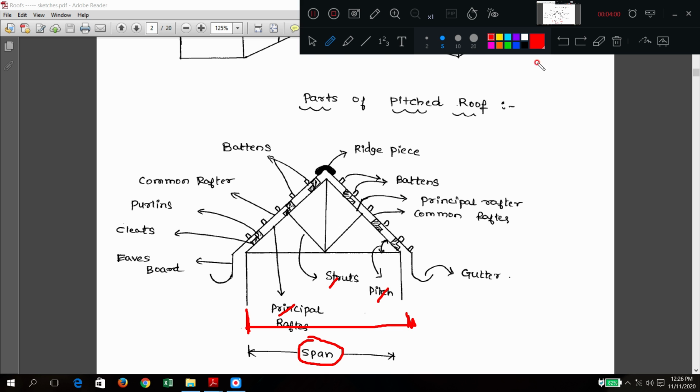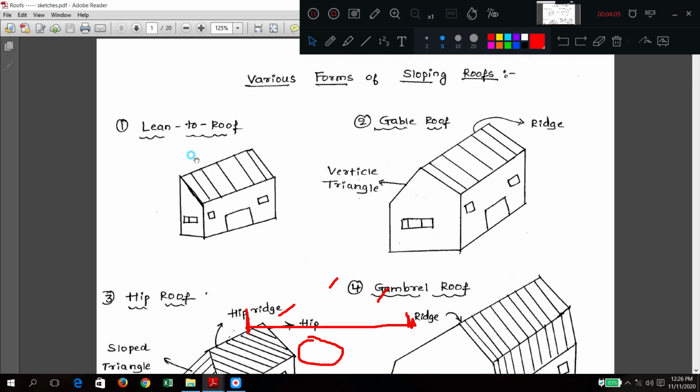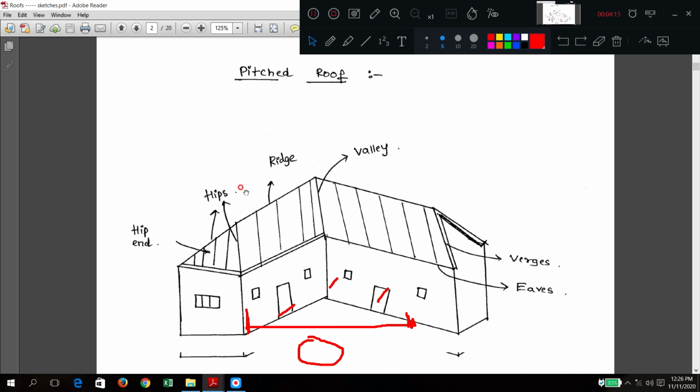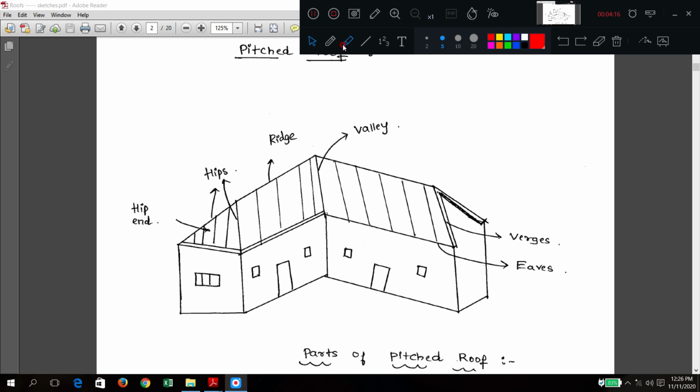Now we have drawn the purlins. How were they in this diagram? In this diagram, general purlins will be like this, correct? And these are rafters.